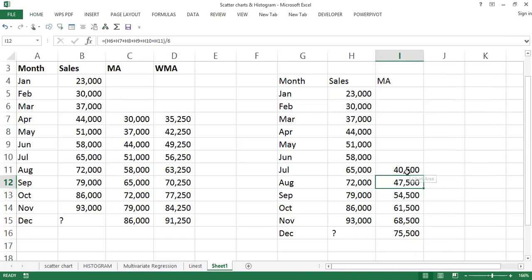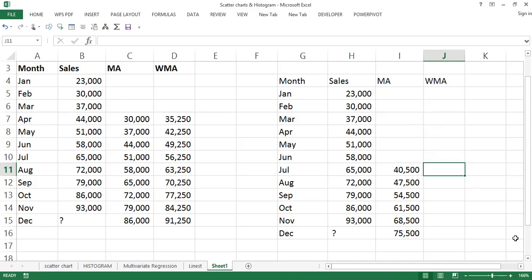Okay, so this is how the moving average works. So I'm going to give you the weighted moving average as an assignment. So you work on your weighted moving average. Okay, sir. So let's agree on the weight to use.